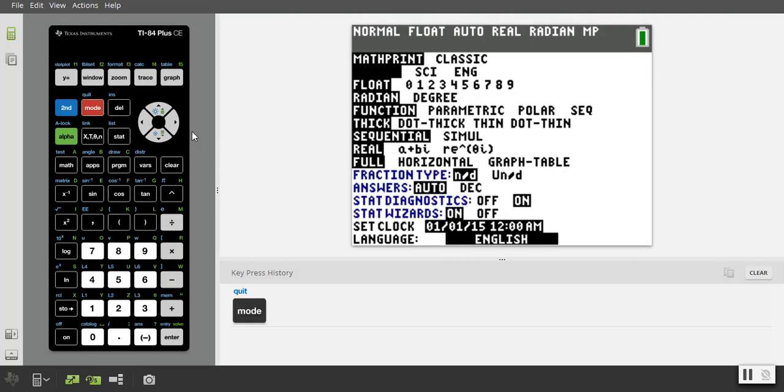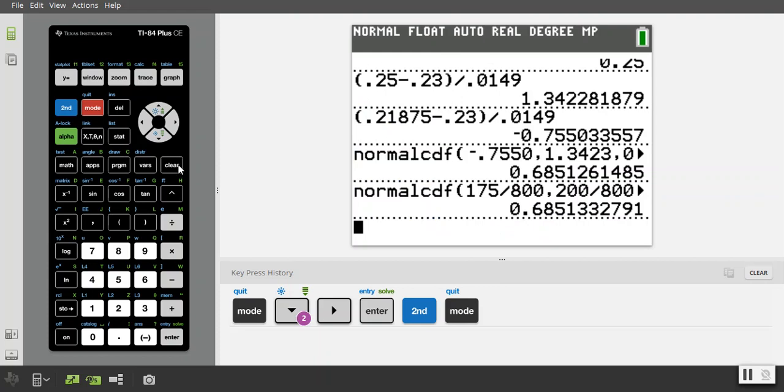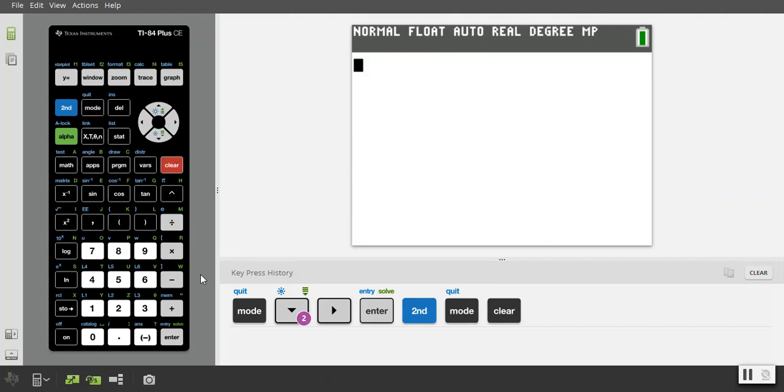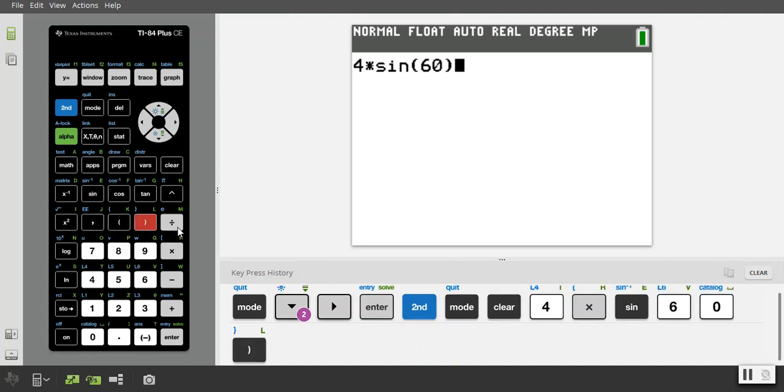Let's not only change the mode, but also clear out the calculator. Okay. So we were going to multiply 4 by sine of 60, but we also are going to divide this by sine of 40.